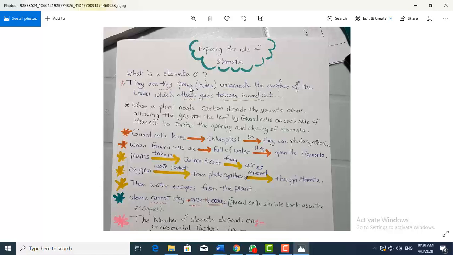You would see tiny pores or holes just underneath the surface of the leaf, which allows gases to move in and out. So the stomata are tiny pores or holes just beneath the surface of the leaf, which allow the gases to move in and out.